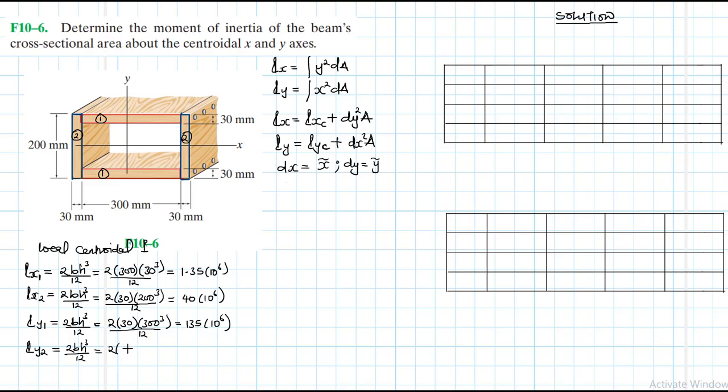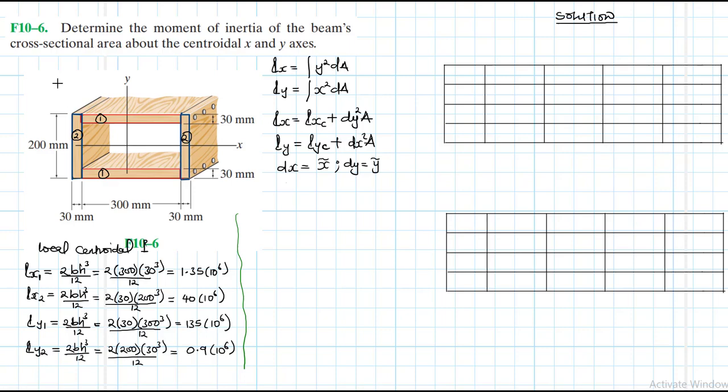What is b for part 2? It is 200. And then what is h? h is 30, cubed, divided by 12. So we have 2 times 200 times 30 cubed divided by 12. This becomes 0.9 times 10 to the power 6. Great.